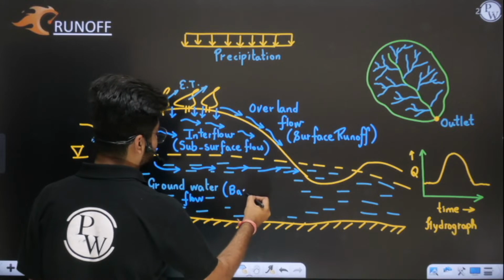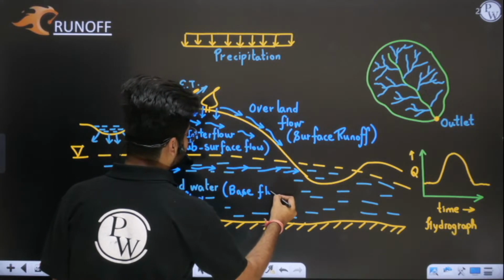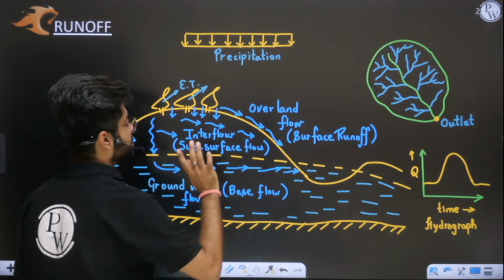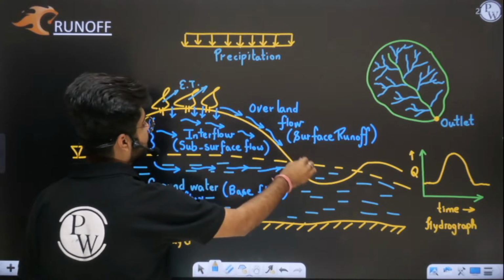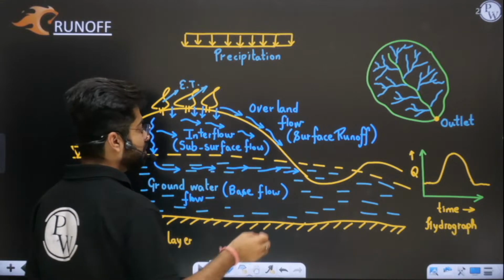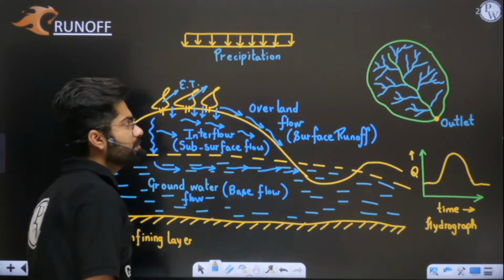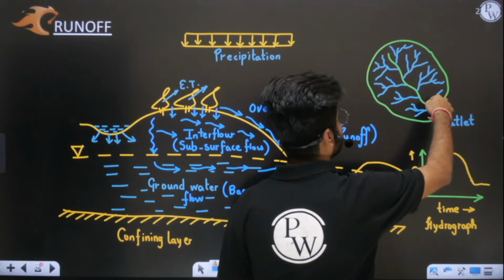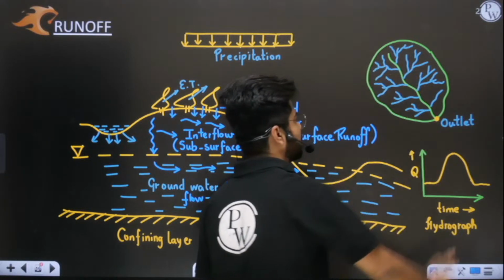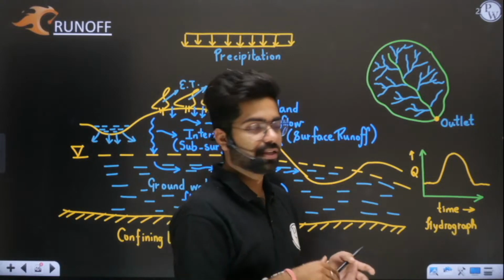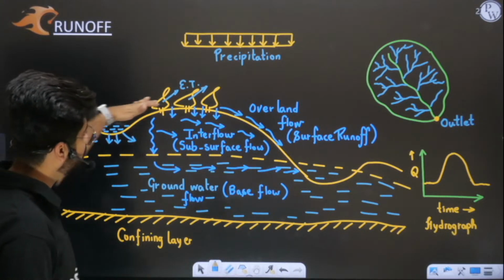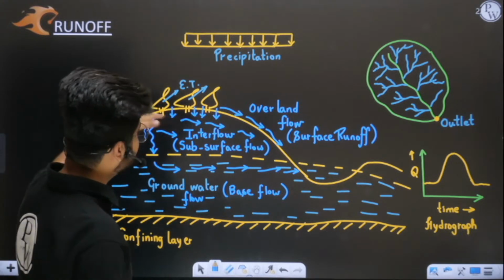Now I am asking you one question. Let us assume this is first, this is second, this is third. Almost all are ultimately reaching the river. Why river? Because you need to understand that the river is the lowest line. Yes or no? In this entire catchment area, the river is at the lowest level, and all the water which has fallen on the higher level will obviously seek a lower level.